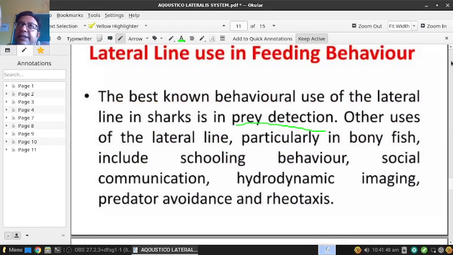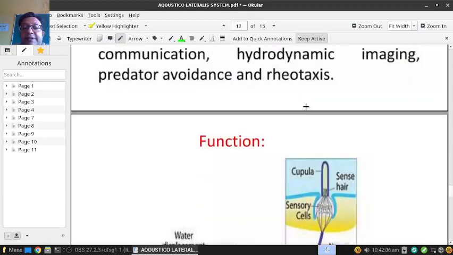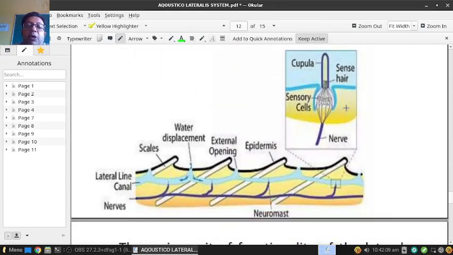For sharks, if some small prey moves, they will know it is on the side and immediately turn towards the prey. For fish, it is predator avoidance. If the shark is there, the fish will also know that the shark is there. That is the most important function.